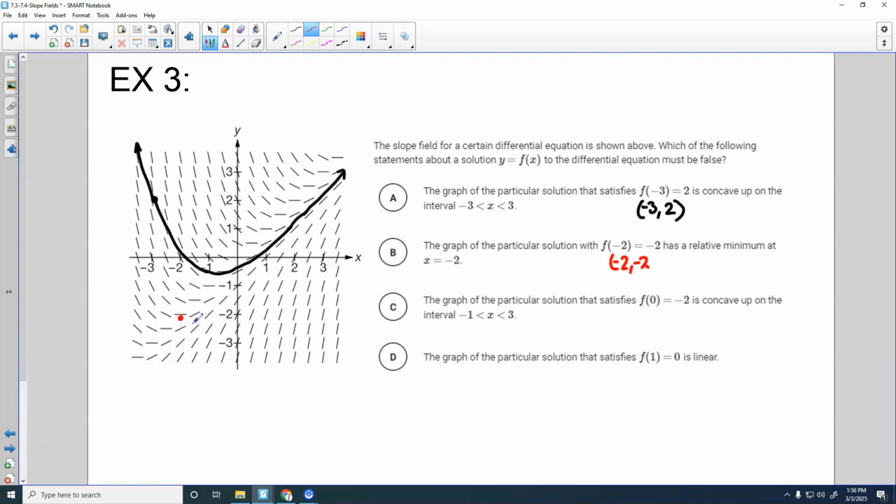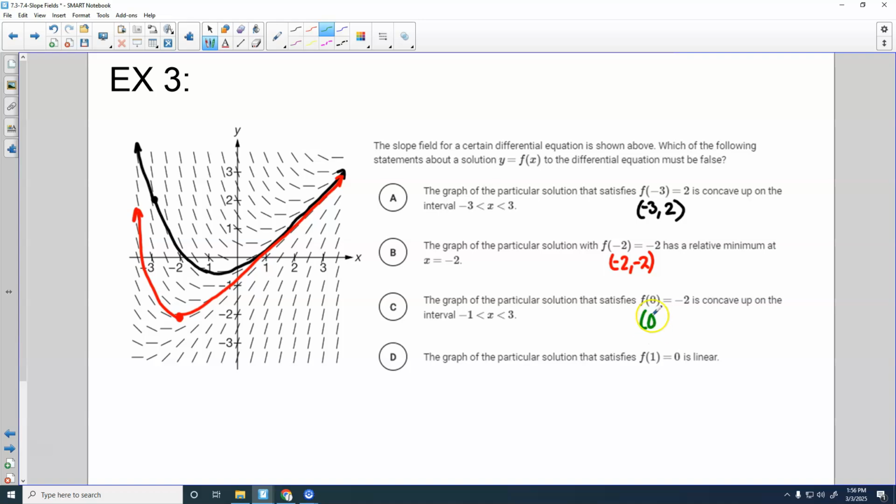So A appears to be true, so it is not the answer. And here it says a minimum, and right there around -2, I've got a horizontal slope, right? So that would imply that this graph should do something like this, and I would in fact have a horizontal asymptote there. That's going to be a minimum point. So it appears that that is also true.